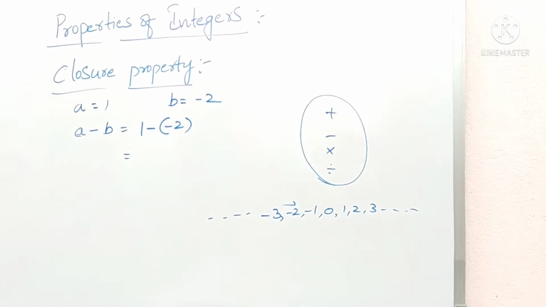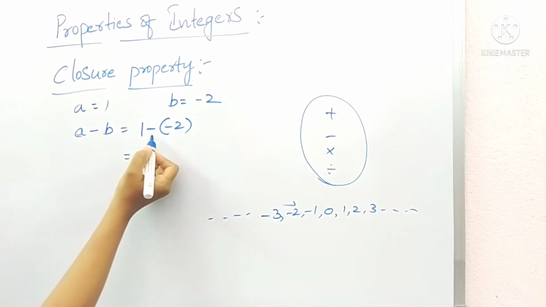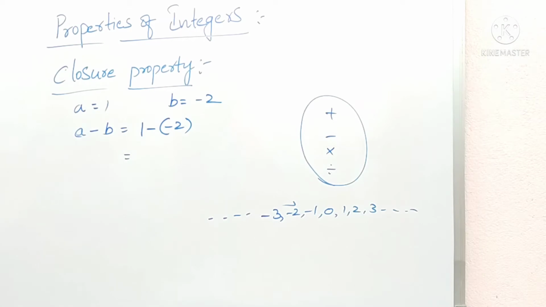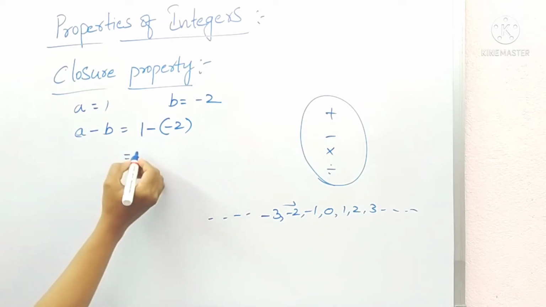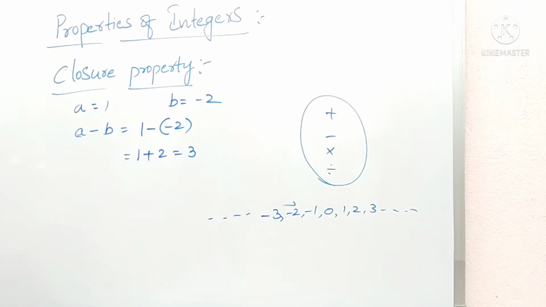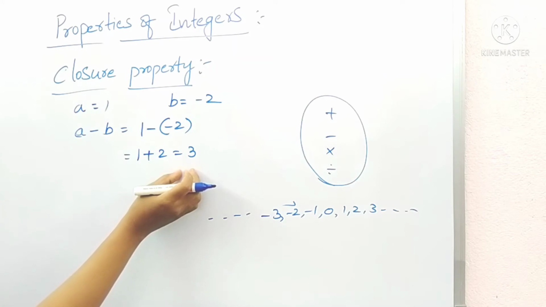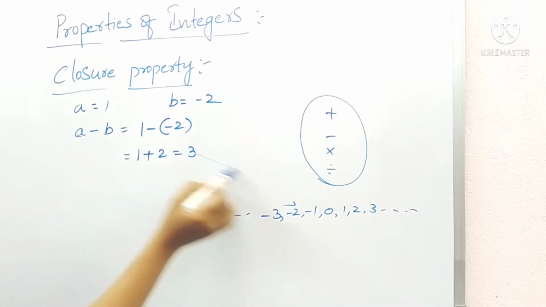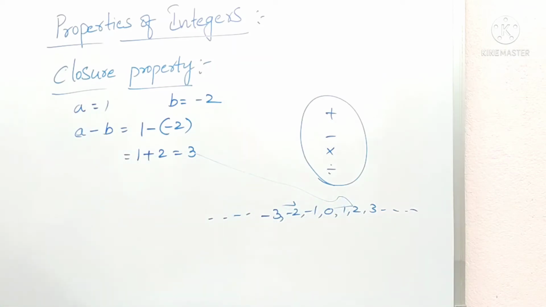So 1 minus of -2. So what is the product of two negative symbols? It is plus only. Already we have learned in multiplication of integers. 1 plus 2 equals 3. So again we got a positive number, right? This 3 is also in the integers, right?